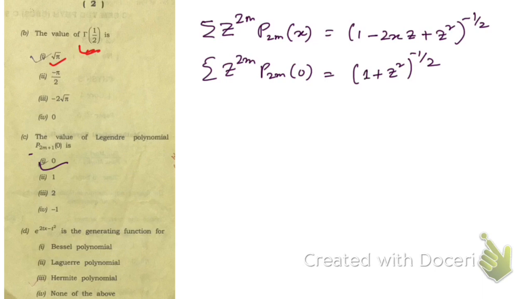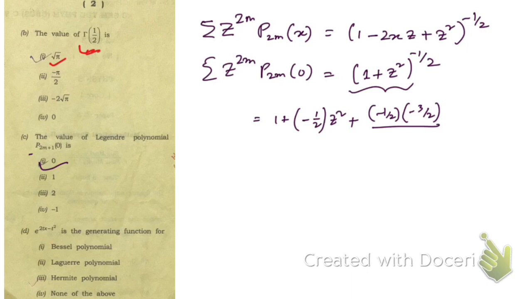Now if we expand this, we should get 1 plus minus 1 by 2 into z square, then plus minus 1 by 2 into minus 3 by 2 divided by factorial 2, z square whole square, that is z square to the power 2.